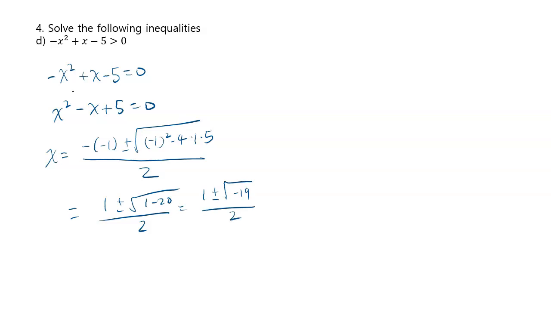Because you have a negative inside the square root, there's no solution. What does that mean? That means for the entire number line, there's only one interval, negative infinity to positive infinity. So either for all reals this is true, or for all reals this is not true.